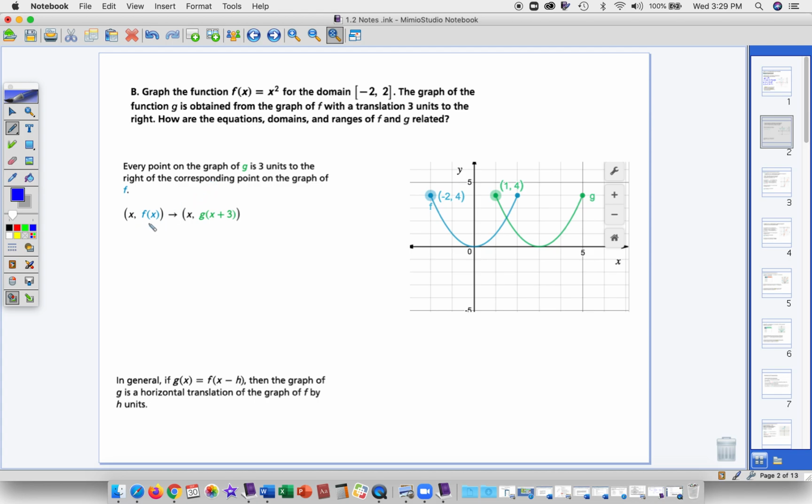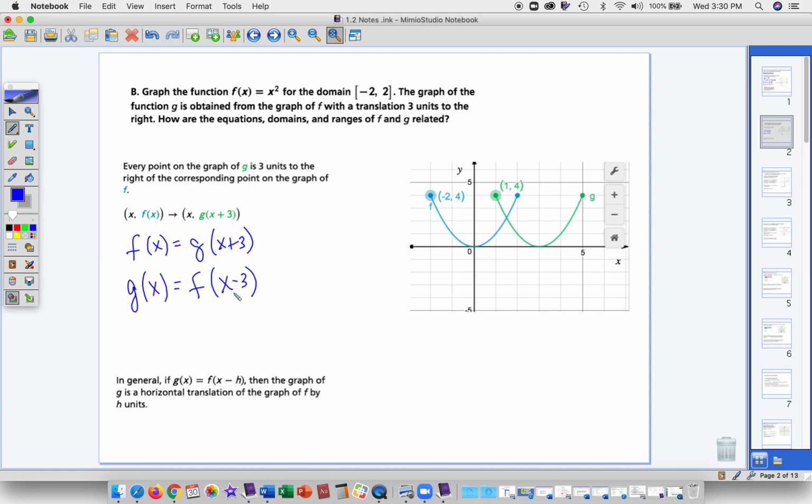So f of x becomes g of x plus 3. So if f of x is equal to g of x plus 3, I can then also say that g of x is equal to f of x minus 3.